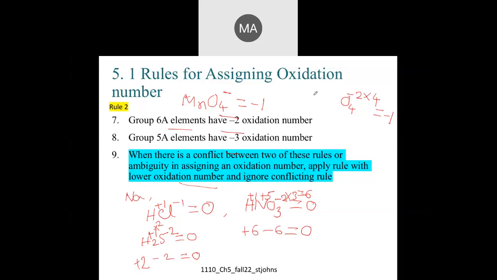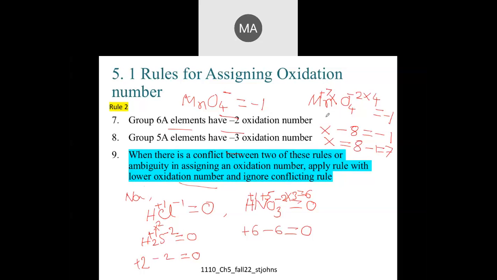Let's consider the unknown Mn charge to be x, which we are going to calculate, correct? So x - 8 equal to -1. Then x equals 8 minus 1, equal to 7. So the manganese oxidation state will be +7.